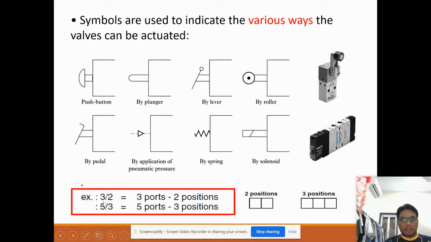So this is how you write the valve symbol: 3/2 means you have 3 ports and 2 positions. The poppet one is a 2/2. Also you can write a 5/3 when the system has 5 ports and 3 positions. This is how you write it: 2 positions have 2 blocks, and 3 positions have 3 blocks.